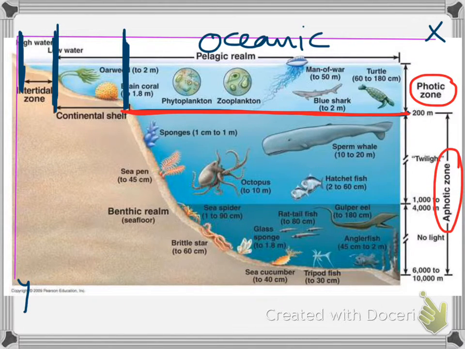What do you think you have in the Photic Zone that you don't have in the aphotic zone? Don't yell it out. Tell someone sitting near you. Excellent. You're all muttering, light, duh. Yeah. So the Photic Zone, 200 meters down, is the limit of where light penetrates. So below that, it's dark.